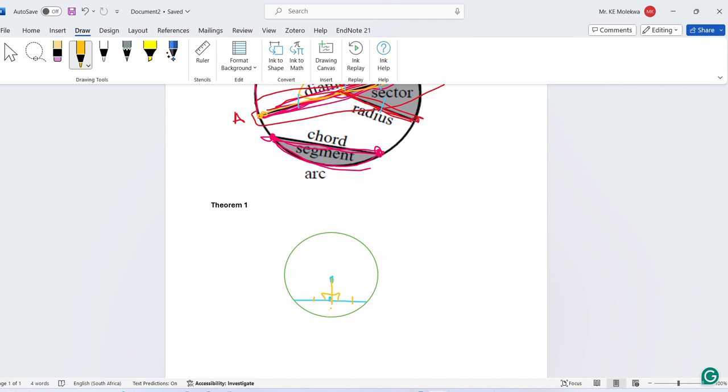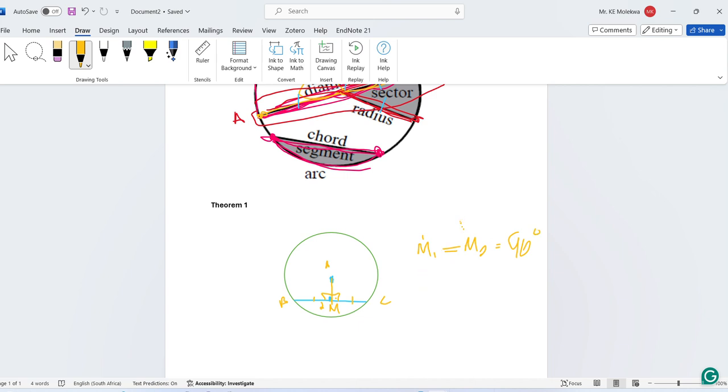Let's say here it's A, here it's B, and then C, and for the midpoint let's use M. So angle M1 is equal to angle M2, which is equal to 90 degrees.